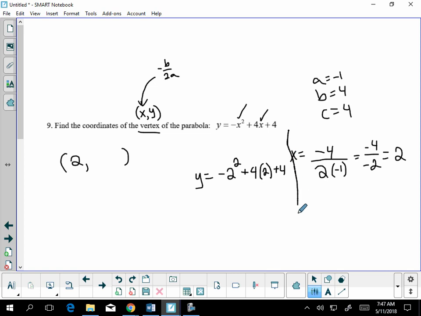It's going to give me negative 4 plus 8 plus 4, which is 0. So it looks like my vertex is at 2, 0.